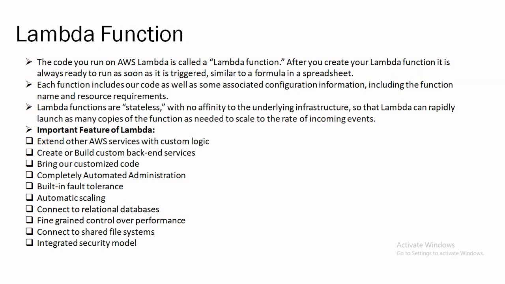We can optionally also configure AWS Lambda to access resources behind our own VPC, allowing us to leverage custom security groups and network access control lists to provide our Lambda function access to our resources within a VPC. So this is all about the major functionality, or you can say the important parts of Lambda functions.